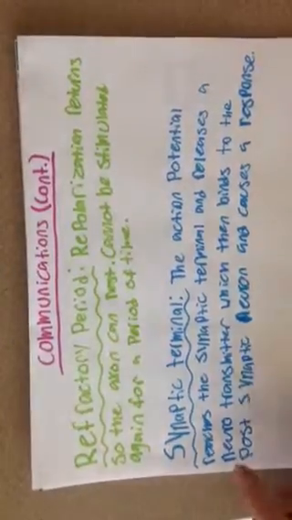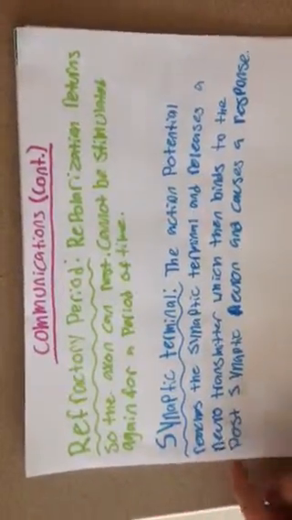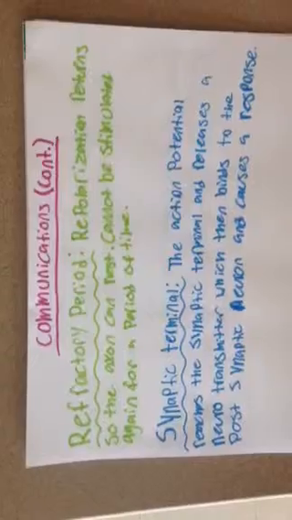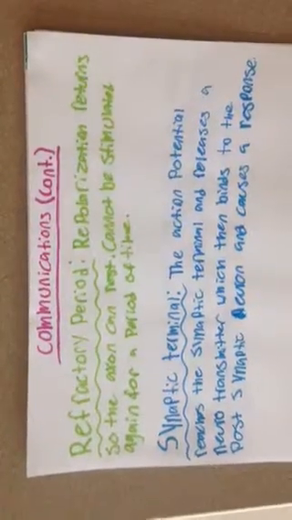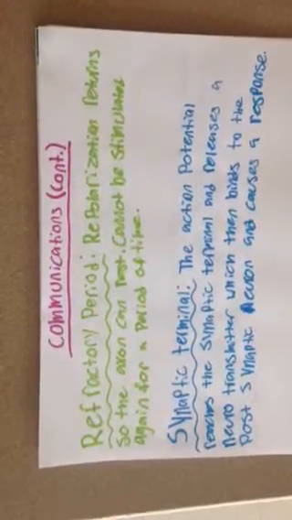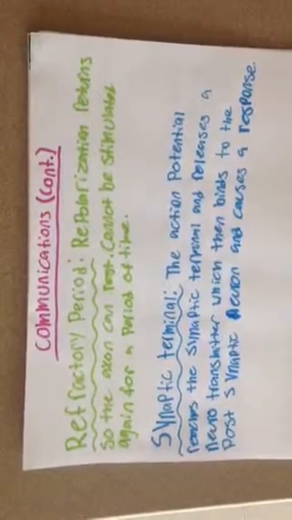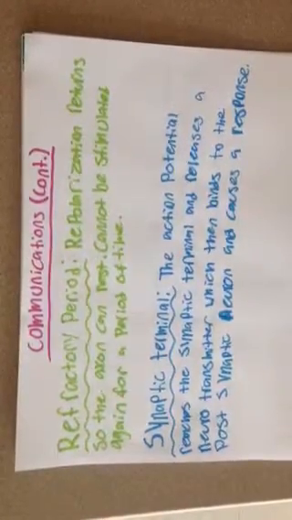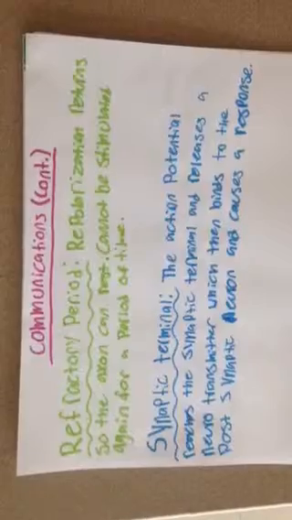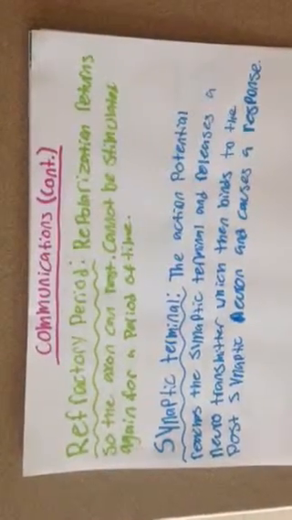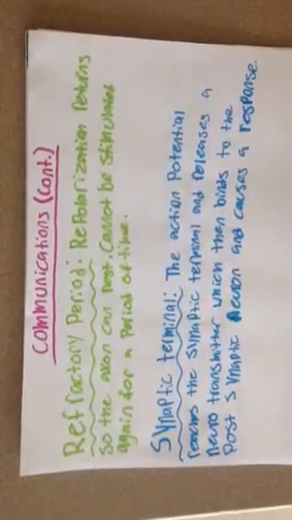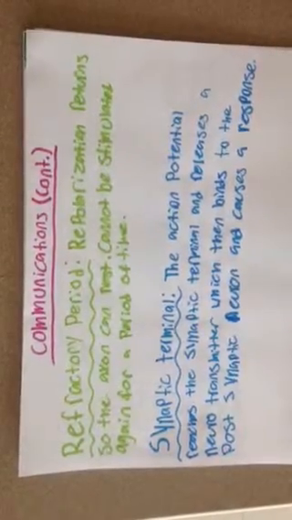And then we have our synaptic terminal, and that's when the axon ends and the synapse begins and is reached. Then there's a release of a neurotransmitter from your presynaptic end, and then that neurotransmitter enters into your synaptic cleft.